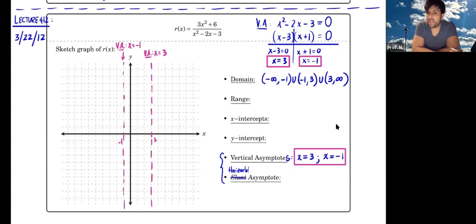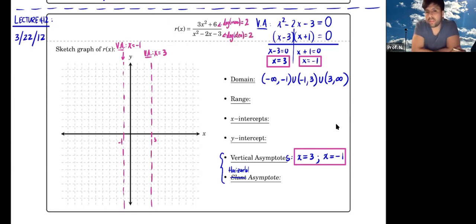Now let's look at the horizontal asymptotes. Remember, the horizontal asymptotes are determined by first identifying what the degree of the numerator and denominator is. So we know the degree of the numerator is the highest exponent, which here is 2. The degree in the denominator, the highest exponent here is also 2.